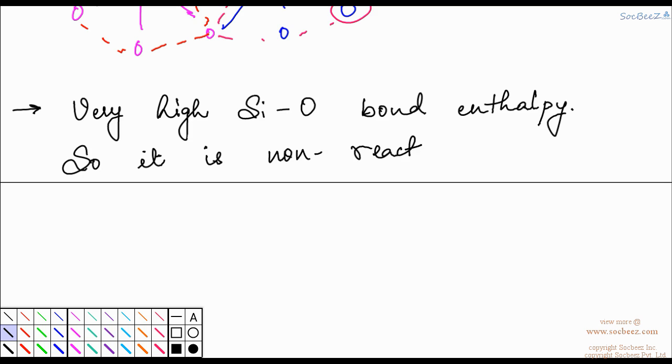Basically it does not react with most of the compounds. So this was all about silicon dioxide.